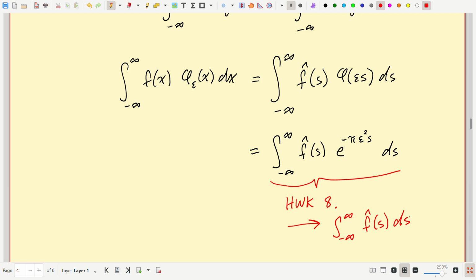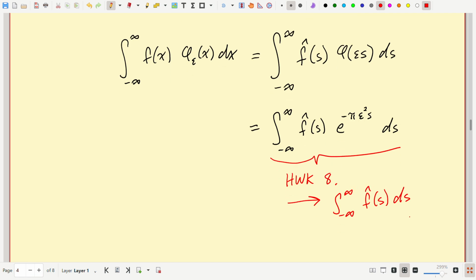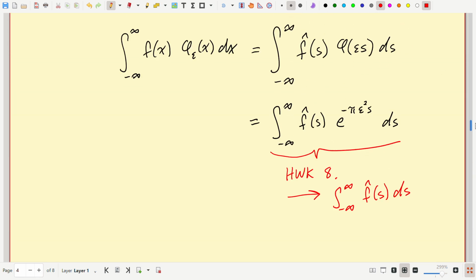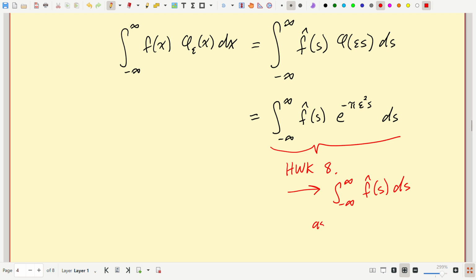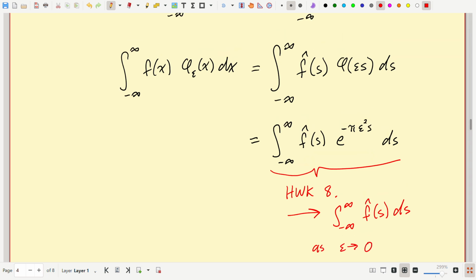as epsilon goes to 0, because that thing becomes 1 on a bigger and bigger set, because e to the 0 is 1. And on the other side, as epsilon goes to 0, this goes to f of 0, because that's the bump function centered at the origin.